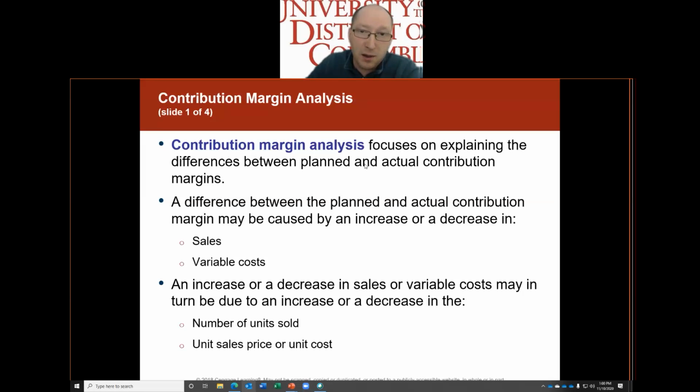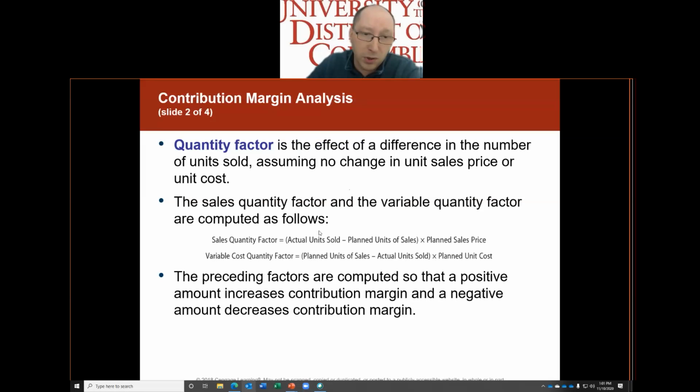Contribution margin analysis focuses on explaining the differences between planned and actual contribution margins, looking at sales and variable costs, number of units sold, and the sales price or cost per unit. Quantity factor: looking at the quantity effect on the difference in the number of units sold, assuming no change in sales price or cost.